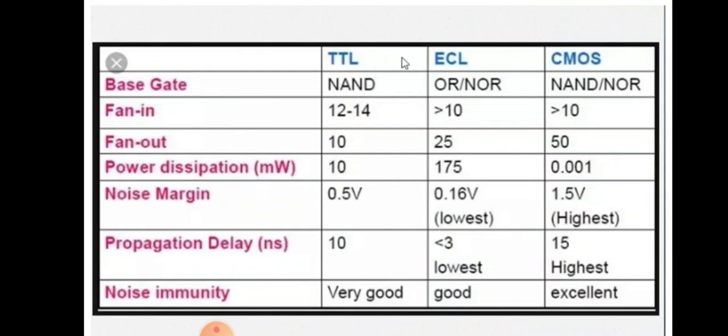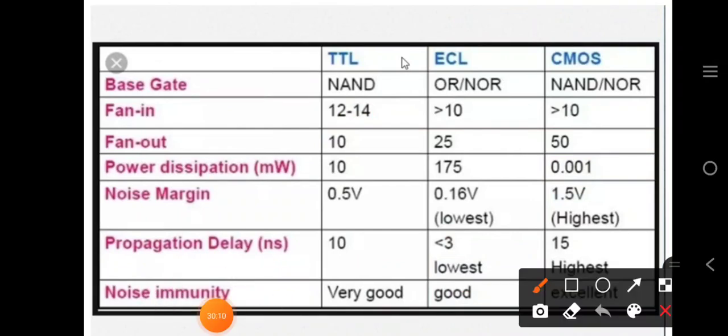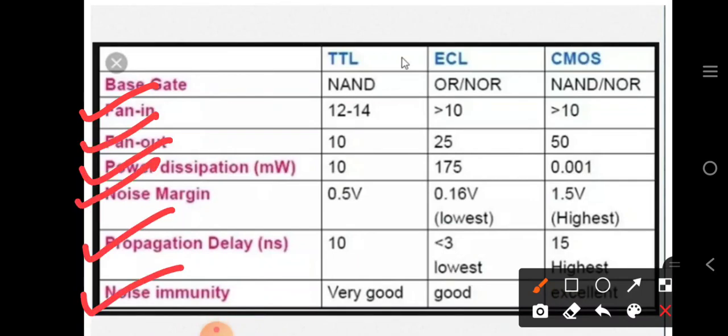First of all, we have studied all the features that you can see here. We have seen fan in, fan out, power dissipation, noise margin, propagation delay, then noise immunity.